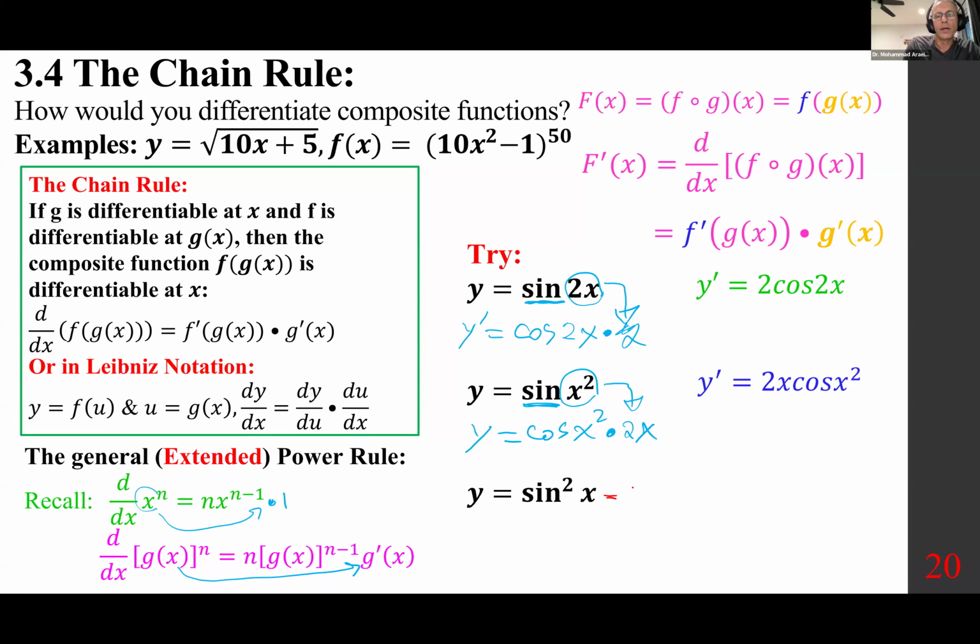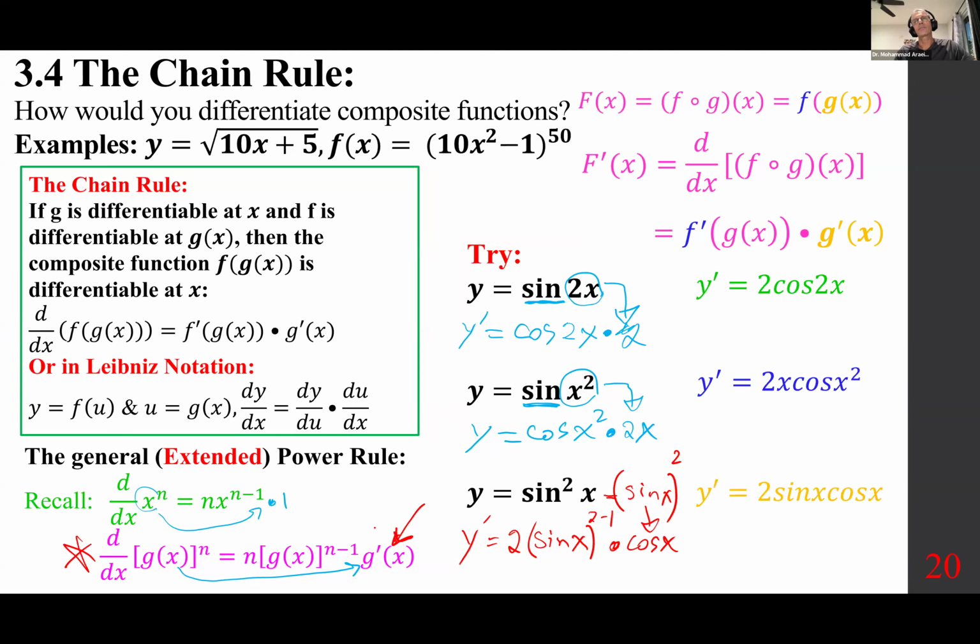This one, I'm going to write as sine x to the second power so everybody can see you're using the extended power rule. So y prime is 2 sine x to the power of 2 minus 1, and then the derivative of the inside, we're talking about g prime here, and it's 2 sine x cosine x.